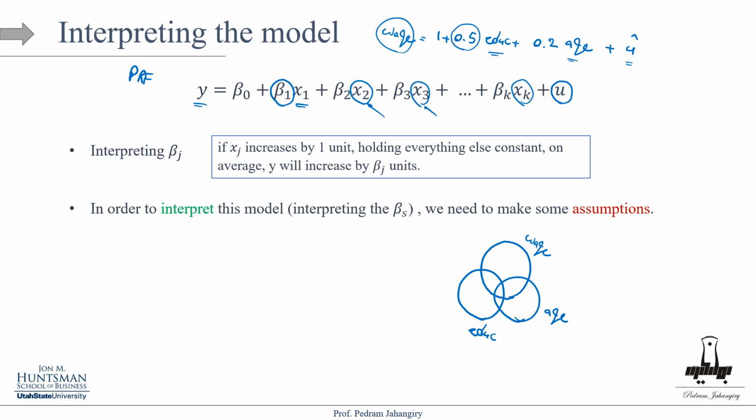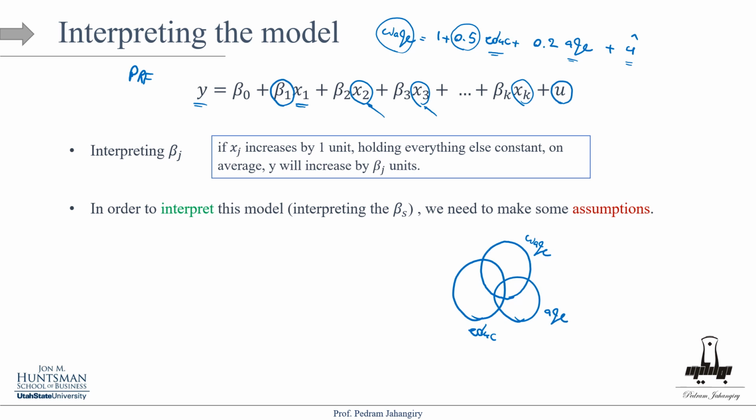So this yellow shaded area is the correlation between wage and education. Let's set some terminology. This is a correlation. This other area is the correlation between wage and age. Hopefully everybody is clear on these things.